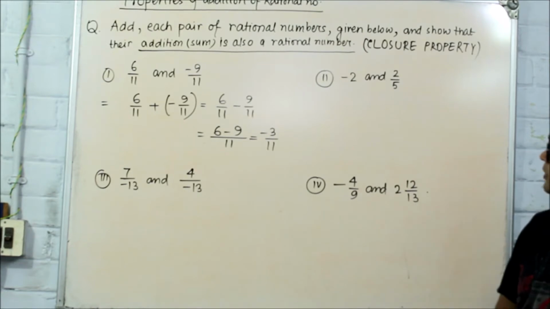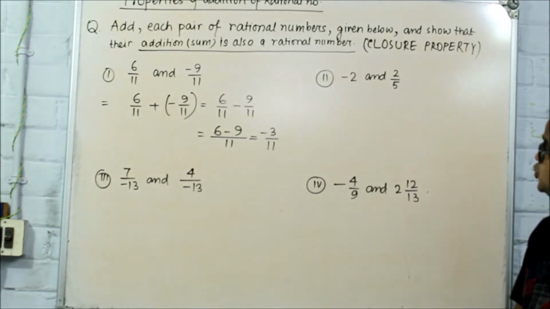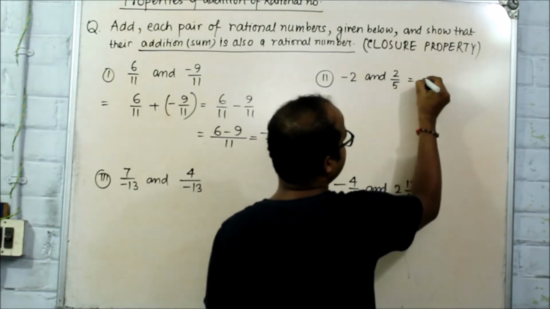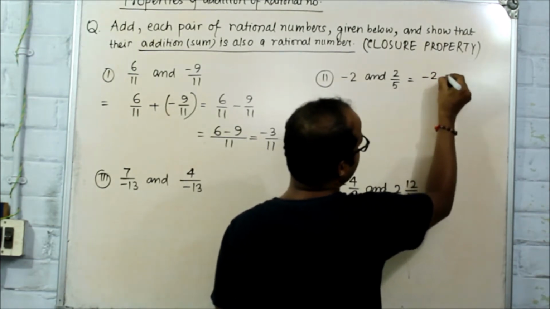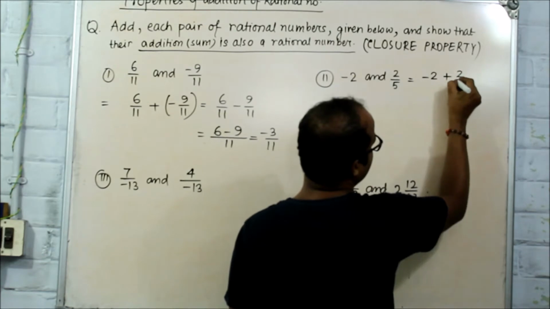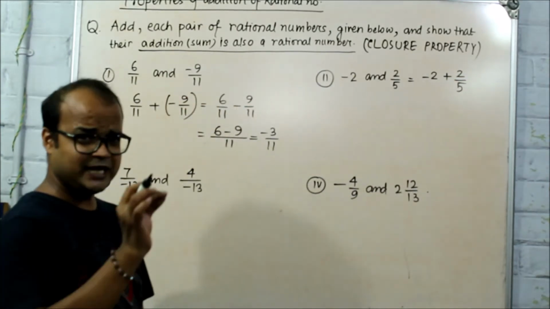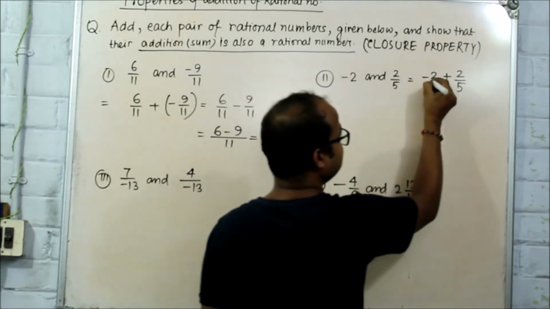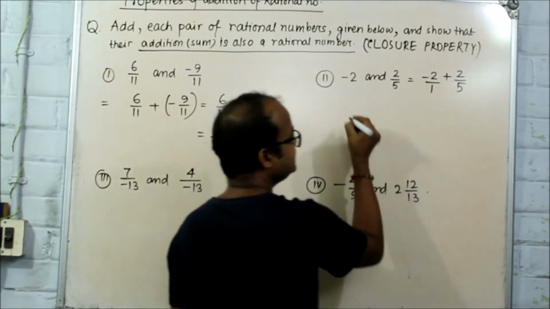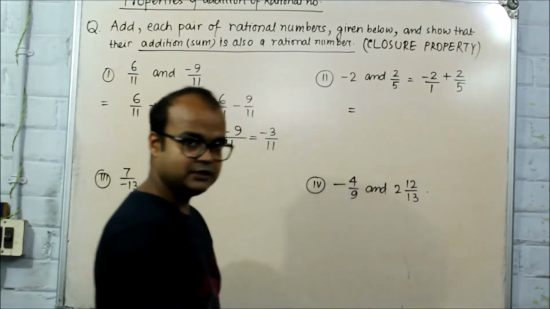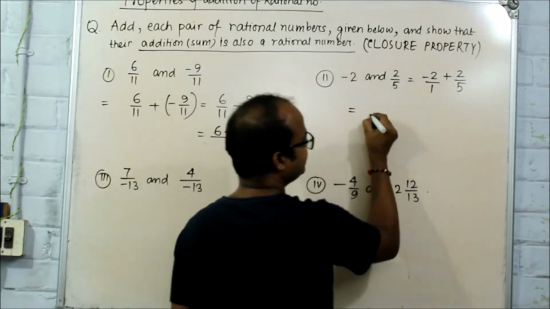Moving on to the next problem, it is given minus 2 and 2 by 5. So this can be written as minus 2 plus 2 by 5. Minus 2 can be written as minus 2 by 1. Now the LCM of 1 and 5 is 5.